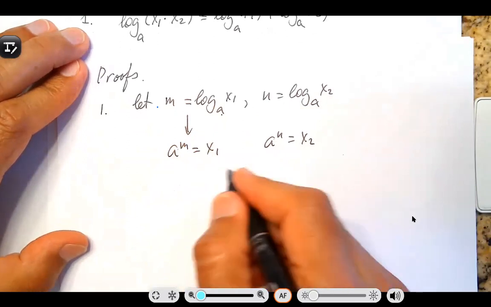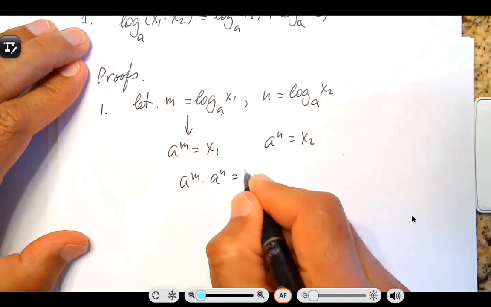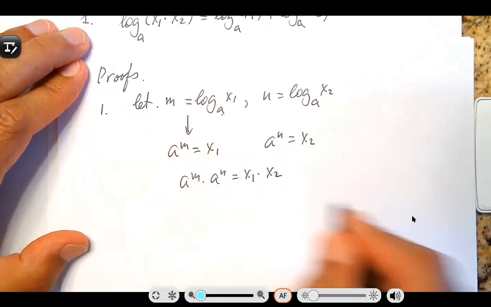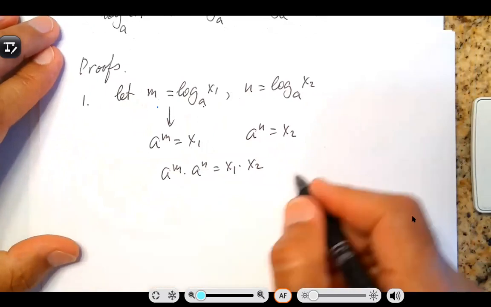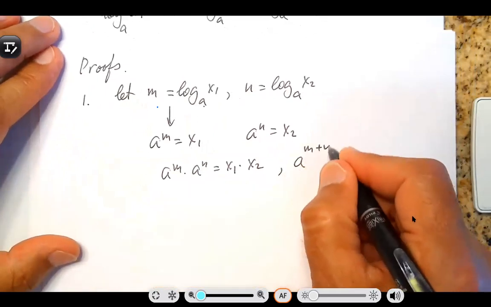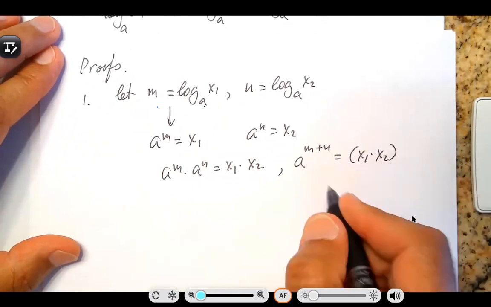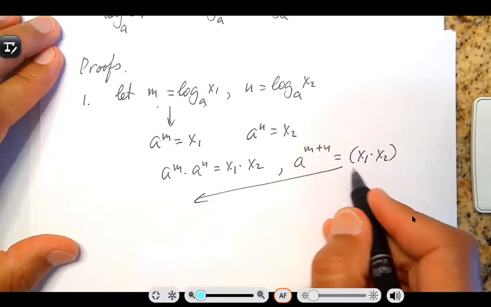Multiply both equations. You get a to the m times a to the n equals x sub 1 times x sub 2. Use properties of exponents: keep the base, add the exponents. Now move to logarithmic statement.